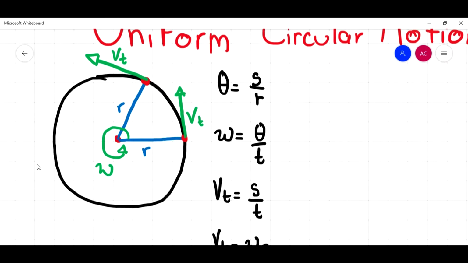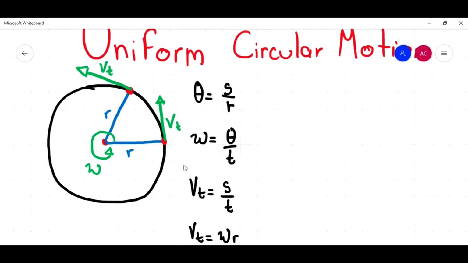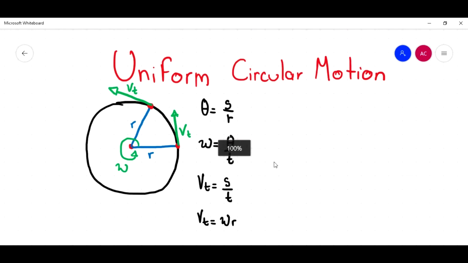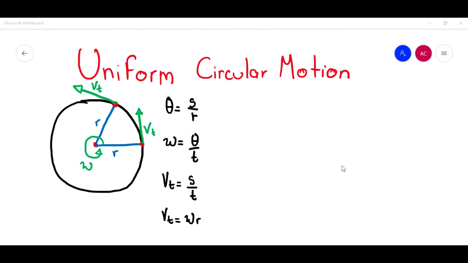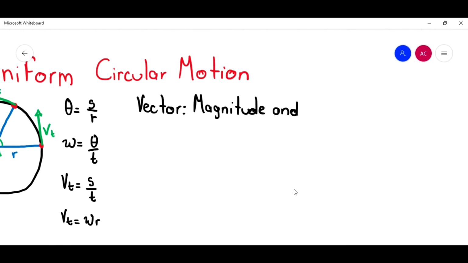If you remember from the first video, a vector is a physical quantity, and that physical quantity must have a magnitude and direction. So a vector has magnitude and direction. Over here I'm going to write direction.